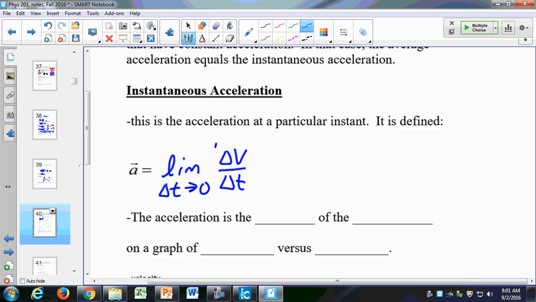This is the acceleration over a big time interval, and we let that collapse down to a particular instant. This is the definition of a derivative, so it's going to be dv dt, the derivative of the velocity function, some function like 3t plus 4t squared that describes the velocity with respect to time.